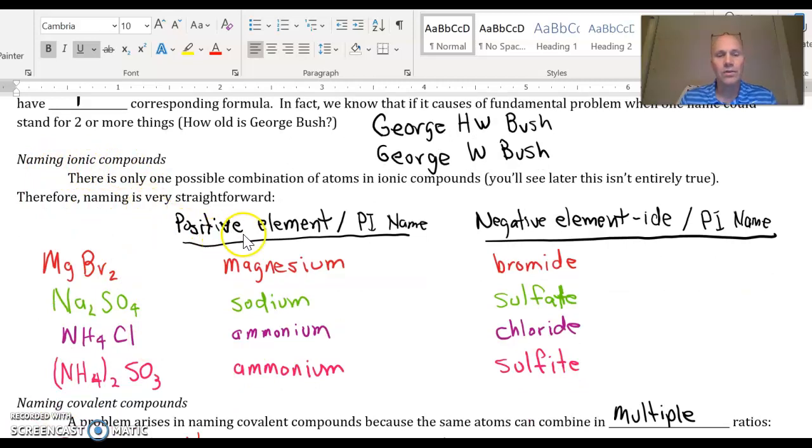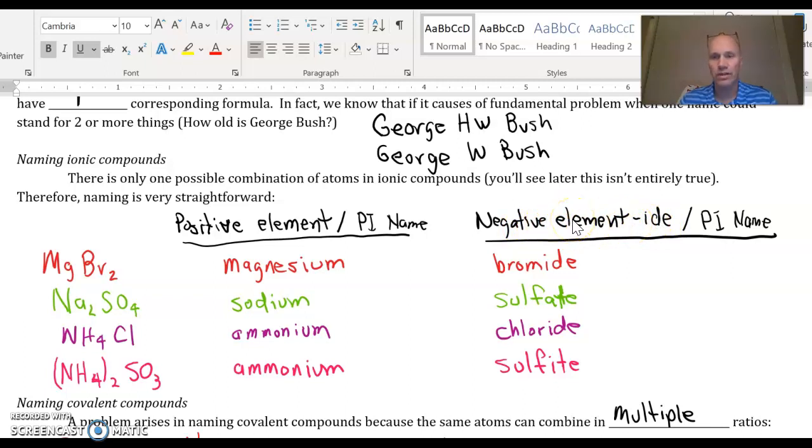There's a fairly straightforward method for doing this, which I'm just going to describe as saying that there's always going to be a first name and a last name. The first name is going to be either the positive element that's in the formula or a polyatomic ion name, followed by the last word, which is either going to be the negative element "-ide", a modified version of that element, or the polyatomic ion name.